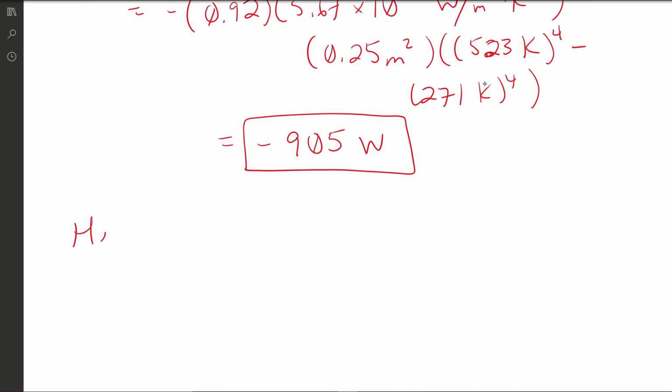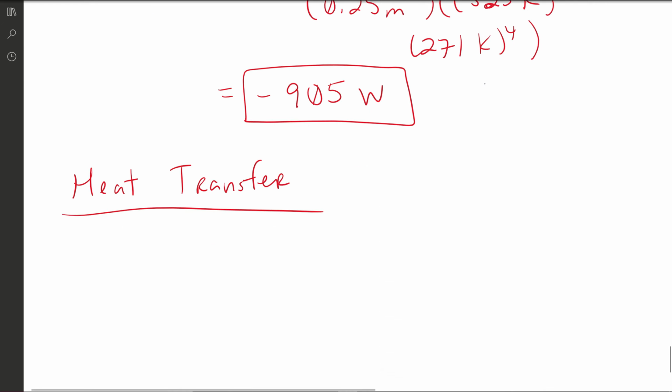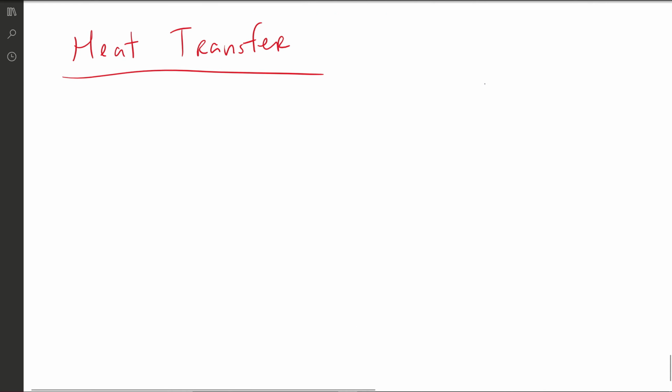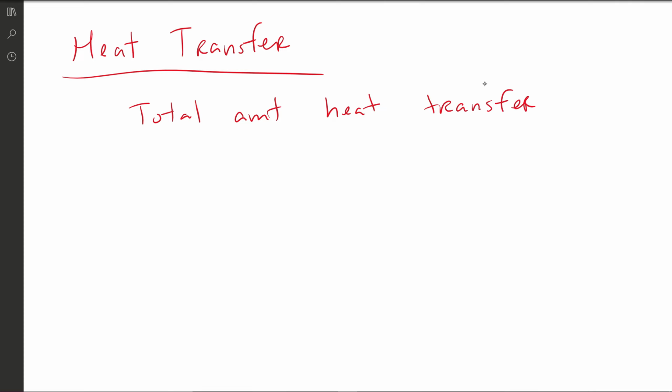All right, so heat transfer is what we've been discussing. Heat transfer through conduction, convection, and radiation. So we can say that the total amount of heat transfer experienced by a system is the sum of the contributions from the 3 heat transfer mechanisms.